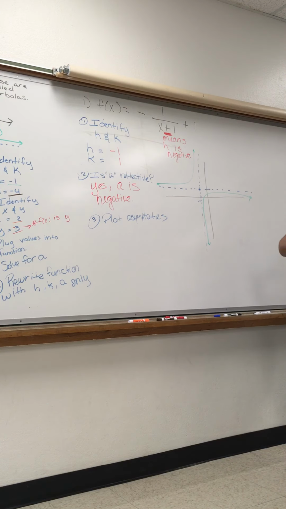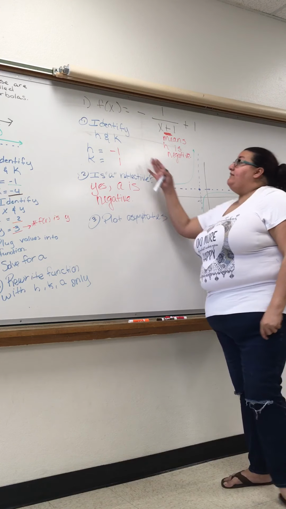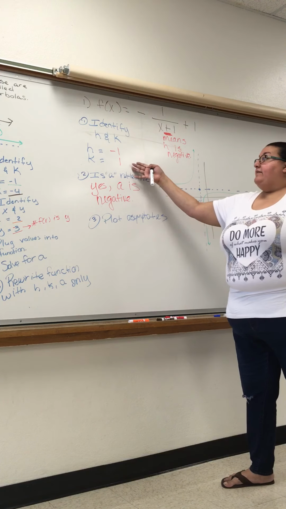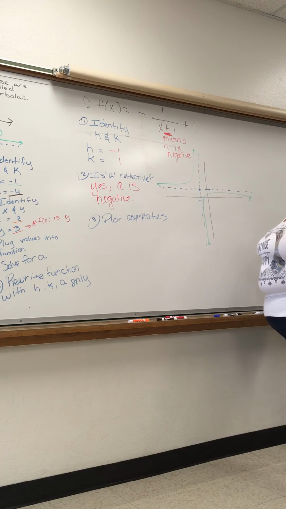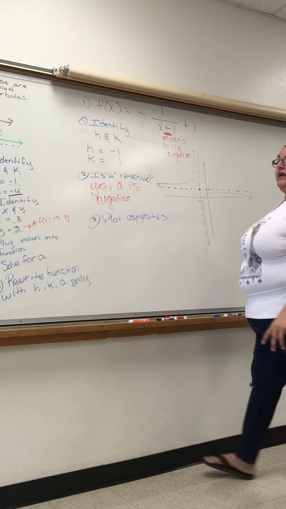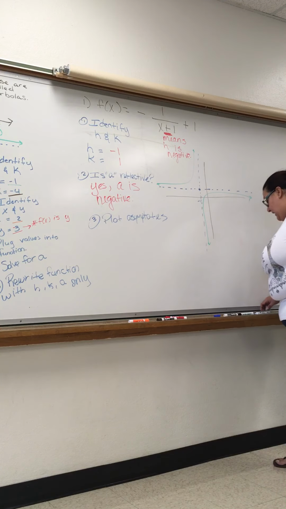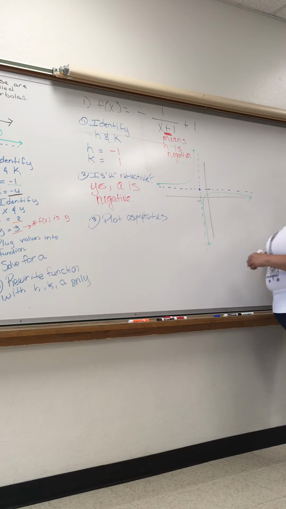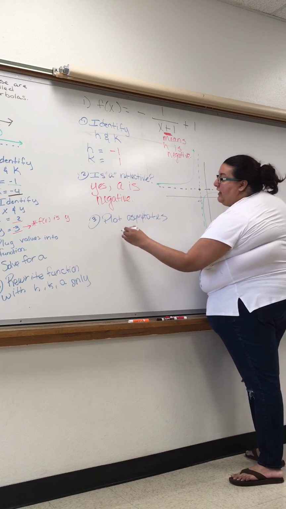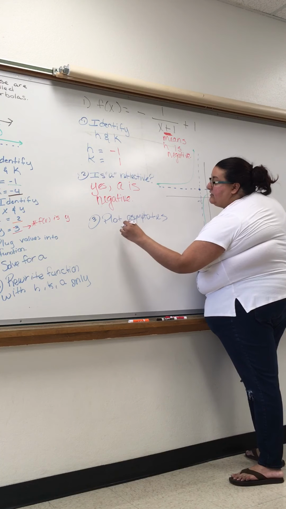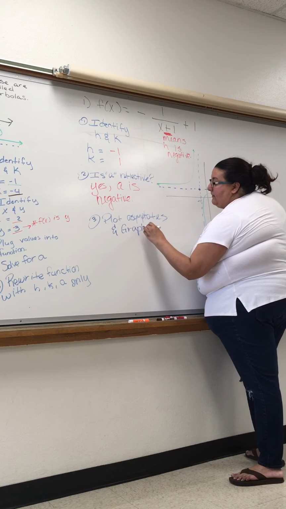The next question asks what the vertical and horizontal asymptotes are, and the domain and range, and then to sketch your graph. I just sketched it. My vertical and horizontal asymptotes are x equals negative 1 and y equals positive 1. So plot asymptotes and graph, that was all step 3.